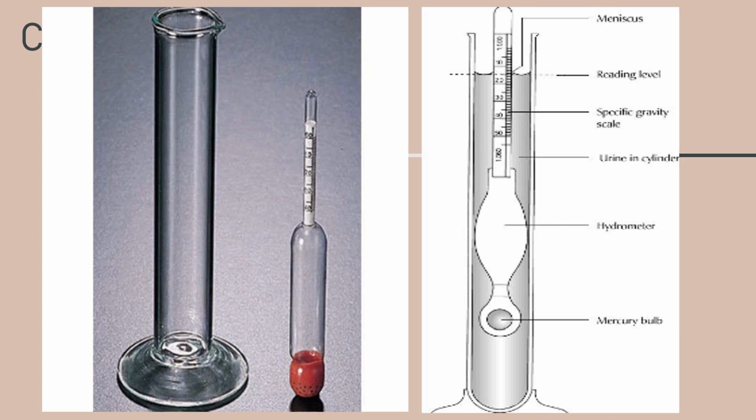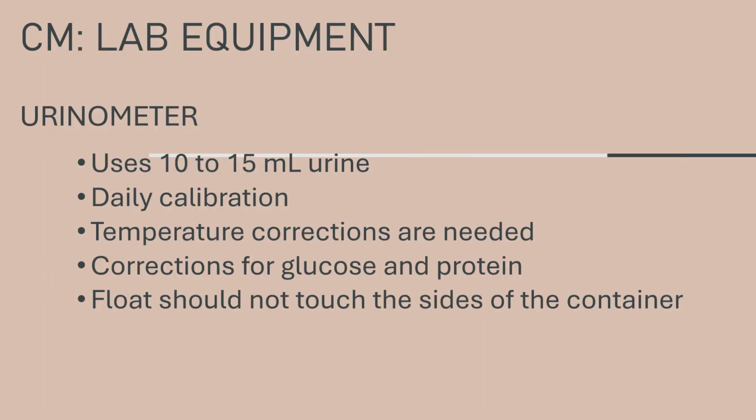This determines the kidney's ability to concentrate or dilute urine. The urinometer can be used to measure this, but it uses 10 to 15 ml of urine, which is relatively large. It requires a large volume.